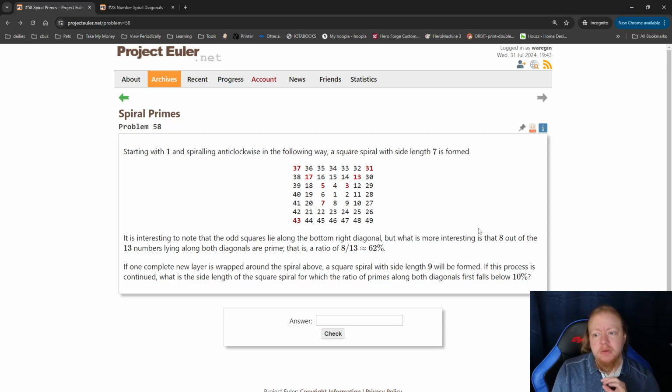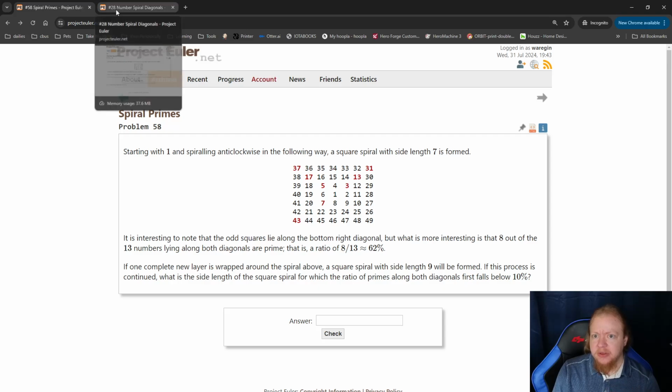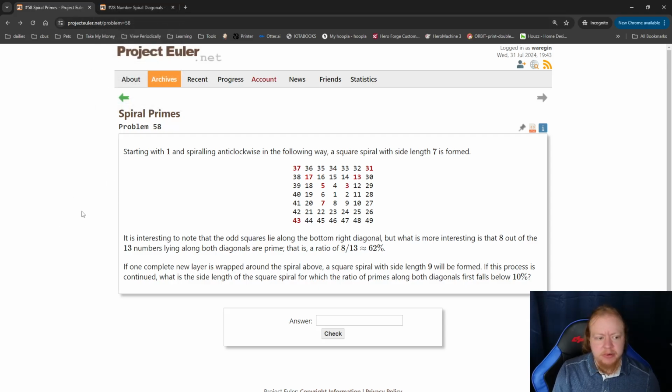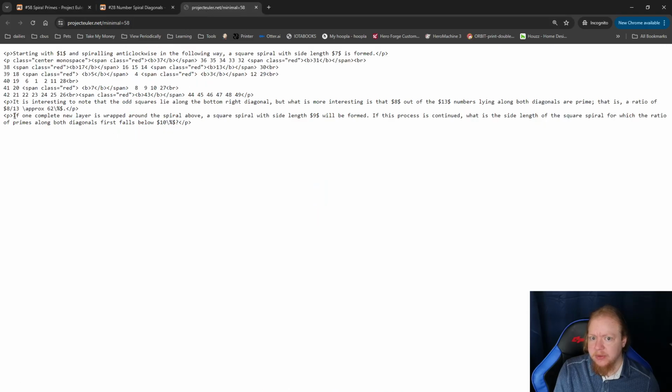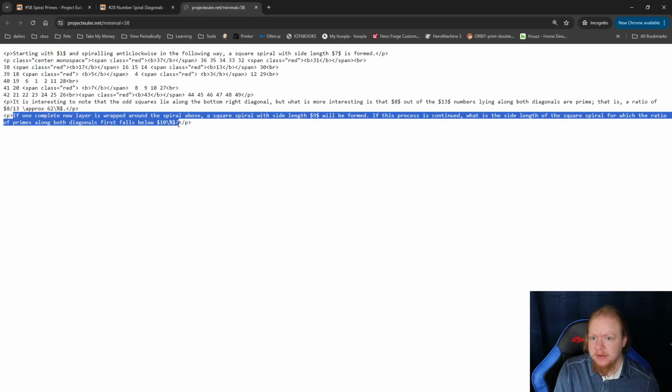I am going to arbitrarily pick the number million as our largest number we're going to be looking at. I could be wrong. We shall see. And then we're going to use, similar to the algorithm we used for number 28, for the rest of this problem. Go ahead and pull this up like this.